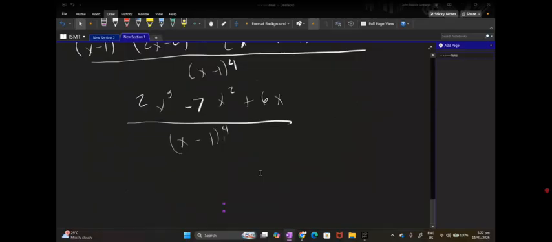Ayan. Now, we can get the roots here. Ano ba natin makuha yung roots? Or yung critical number natin? So, wait lang.